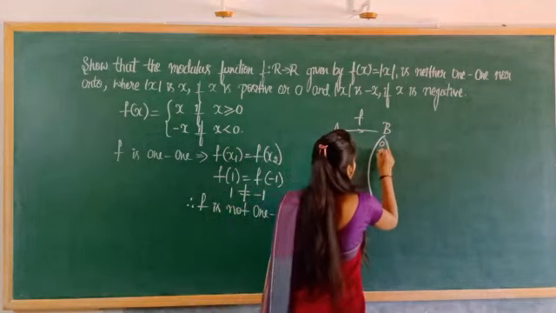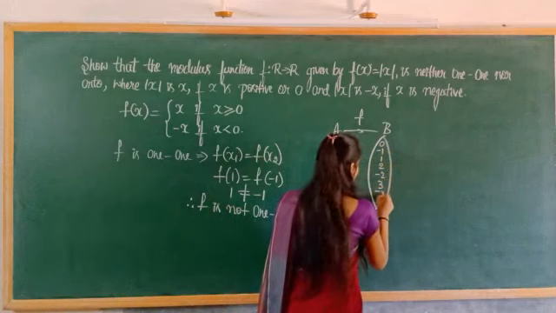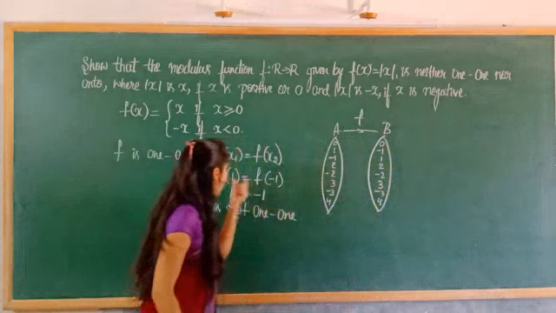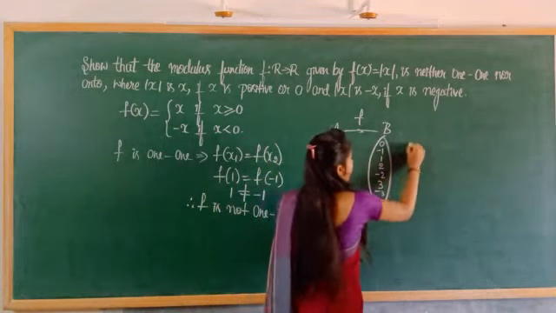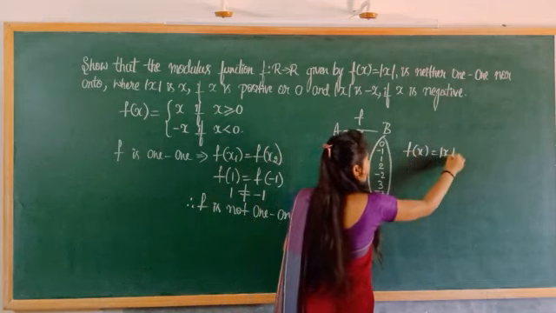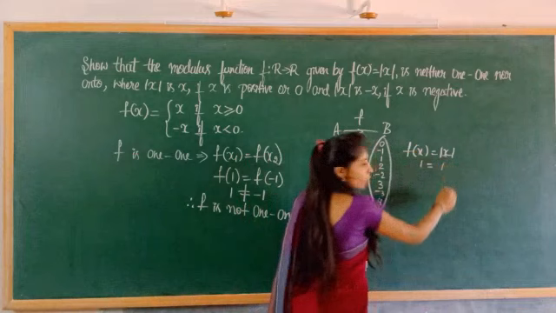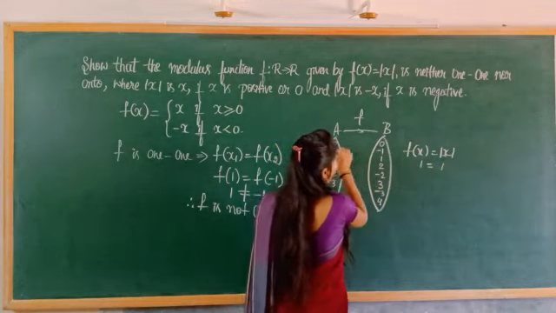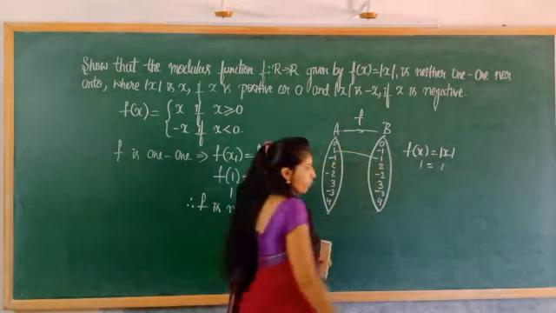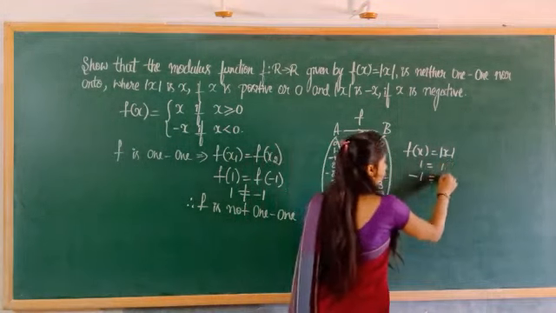See here, if I take the given condition f of x is equal to mod x. I told you if I put 1 then within the mod you will get 1. So 1 is related to 1. And then if you put minus 1 then also within the mod you will get positive 1 only.